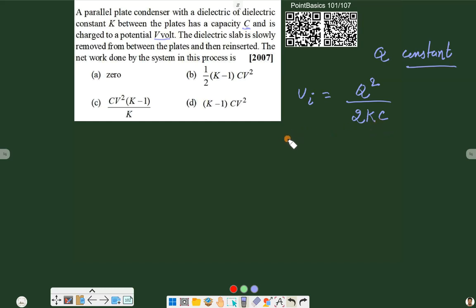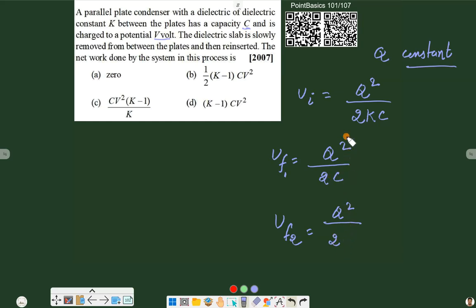Now when we remove the slab, again charge will stay constant, so it will be Q square by 2C, and this is the final one. Now we reinsert the slab, and again charge will remain constant because it is not connected to any battery, so only capacitance will change.